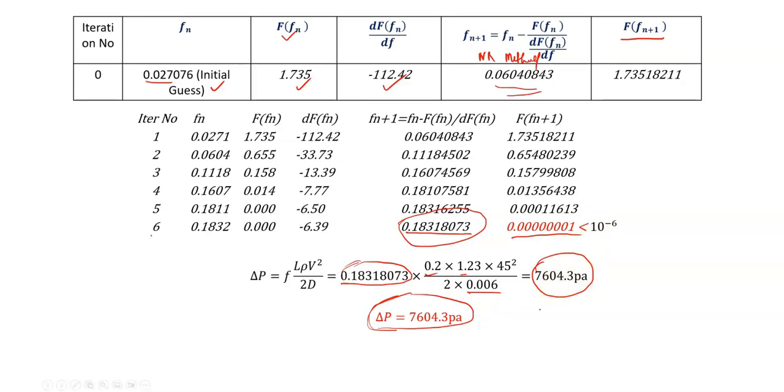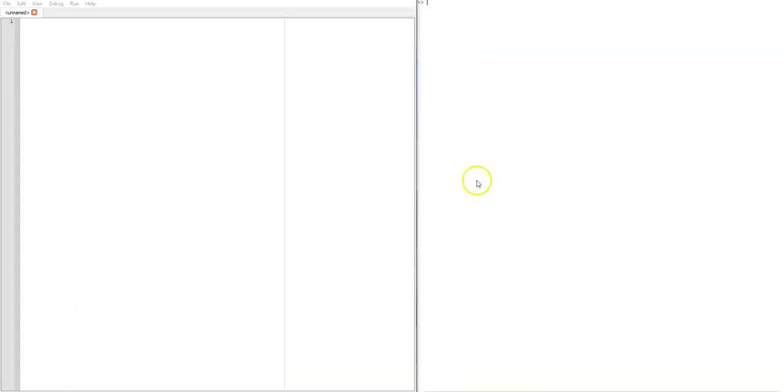Now coming to the MATLAB programming, right? Using a MATLAB program, we can also get the friction factor, and after getting the friction factor, we can do the pressure drop calculation. Calculate in MATLAB. Okay, so I'm using Octave. Octave and MATLAB are very similar. So by using Octave, we can solve this problem.